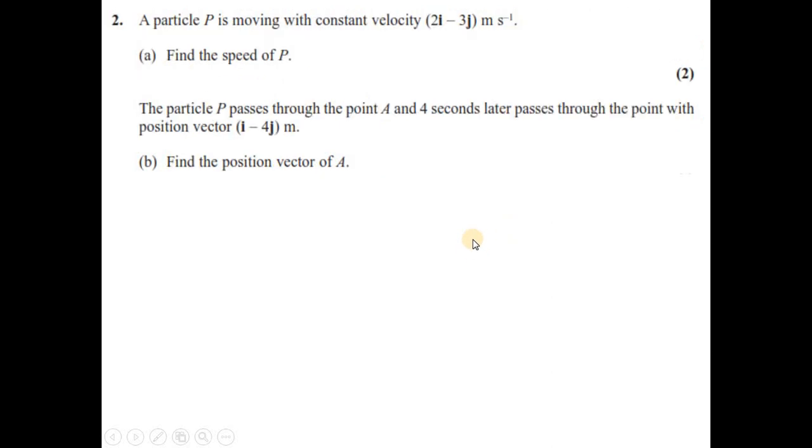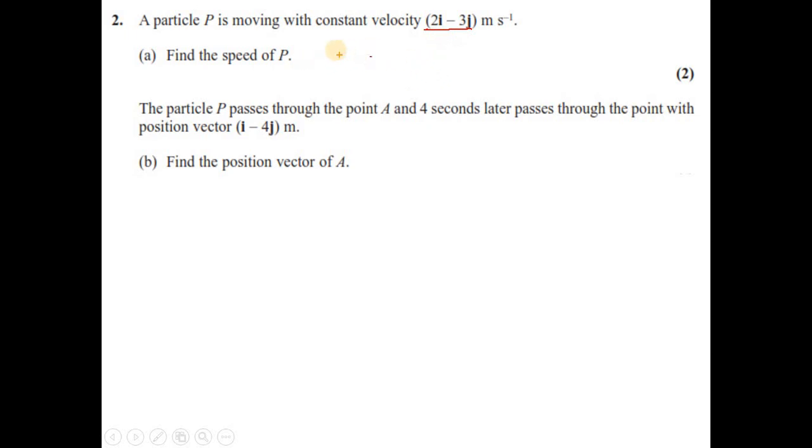Question number 2. A particle P is moving with a velocity 2i minus 3j meter per second. Find the speed of P. So velocity vector is given, speed is the magnitude of that velocity vector.